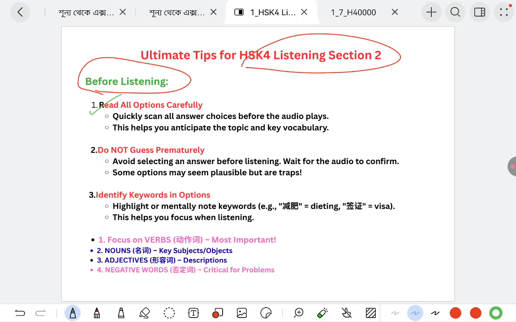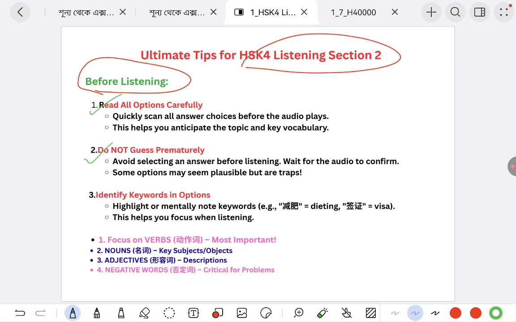If you read all of the key options carefully, then you will understand what kind of context, what kind of topic they will talk about. And the second tip, do not guess prematurely. What does it mean?